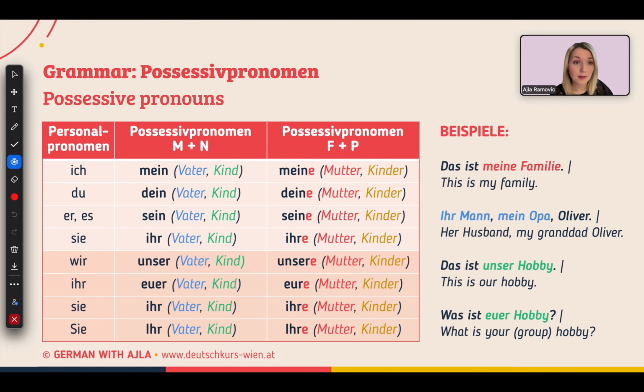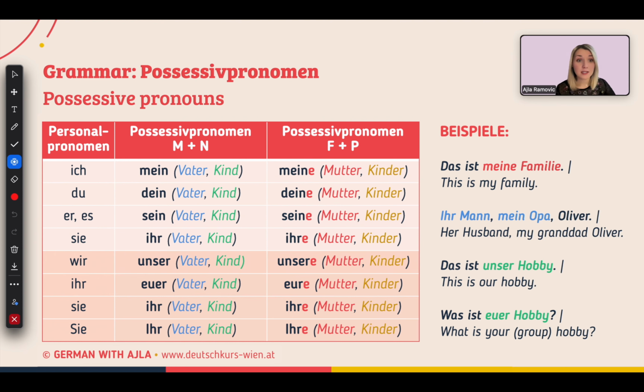What you have to remember here is that all of the sie forms will use the same possessive pronouns, which are ihr und ihre. So whenever you are using the personal pronoun sie, the possessive pronoun will 100% be ihr or ihre.